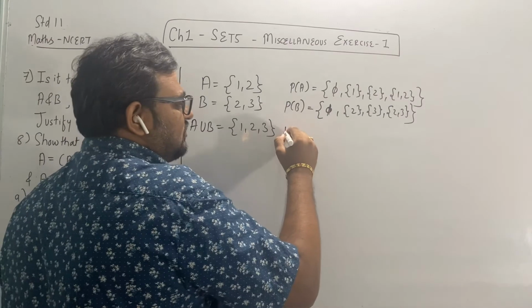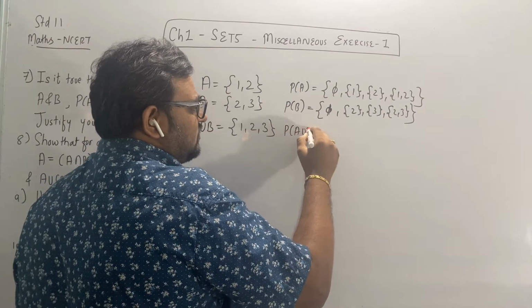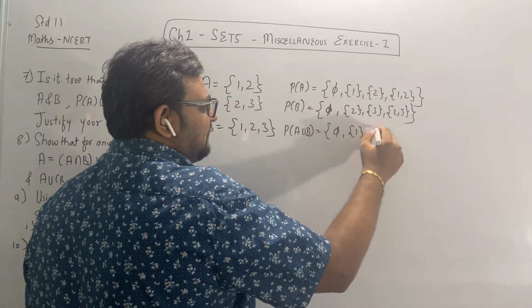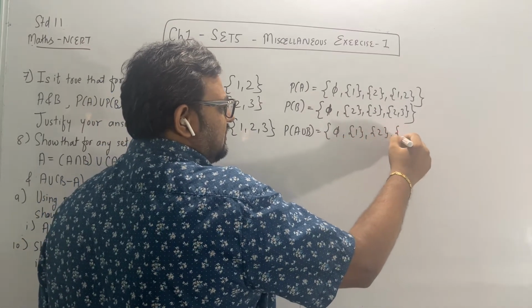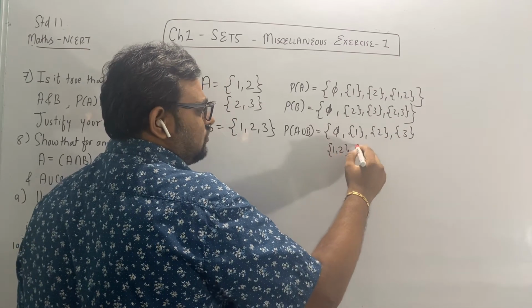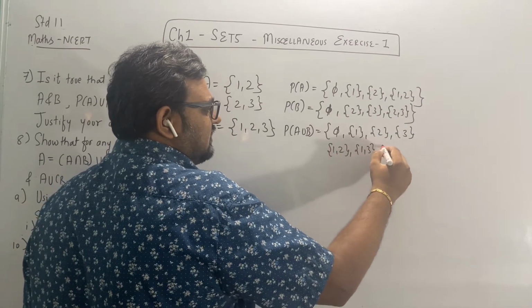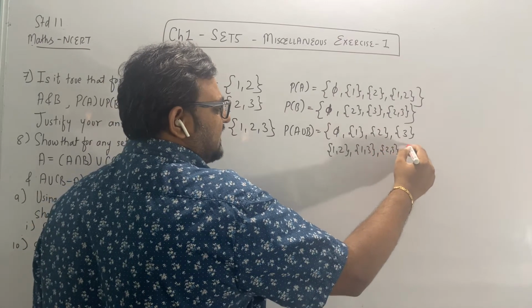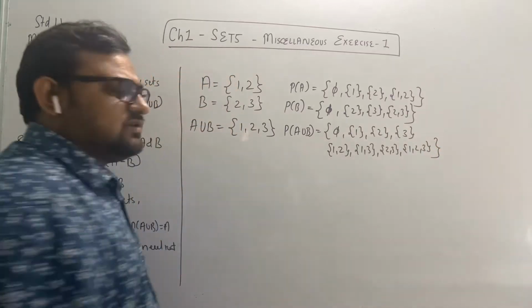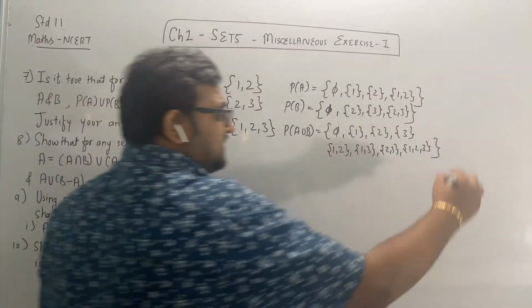Let's write the power set of A union B: null set, the individual elements, then two-element sets like {1, 2}, {1, 3}, {2, 3}, and the set itself. So these are the 8 elements of this power set. Name this as 1.